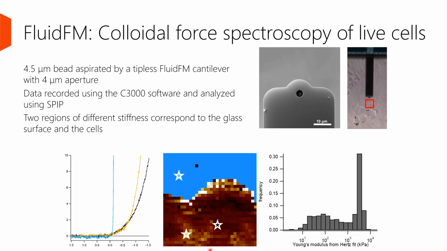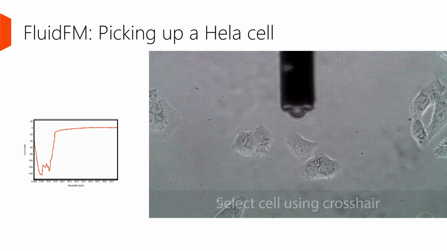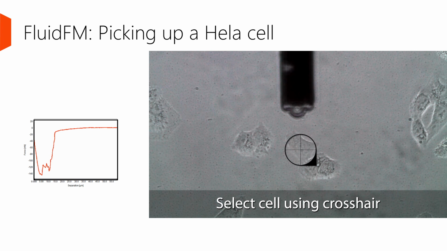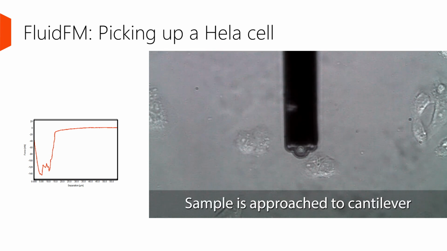The example below is a force map generated with FluidFM. If FluidFM is combined with the 100 micron Z extension, we can do this kind of mammalian cell pickup experiment. First we position the cantilever on top of our target cell and do the automatic approach.